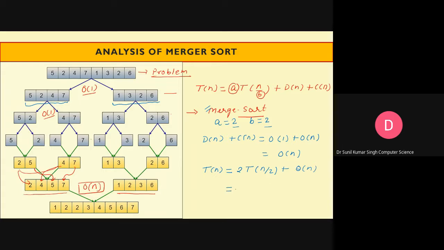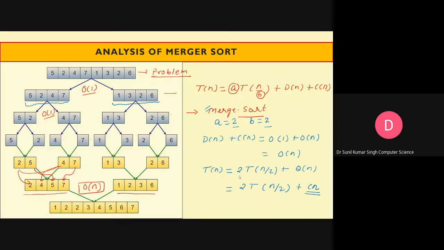And further you can simplify it and write T(n) is equal to 2T(n/2) plus C n. This portion indicates the combining and dividing cost. If we evaluate this T(n), then we will be able to find the time complexity of this merge sort.